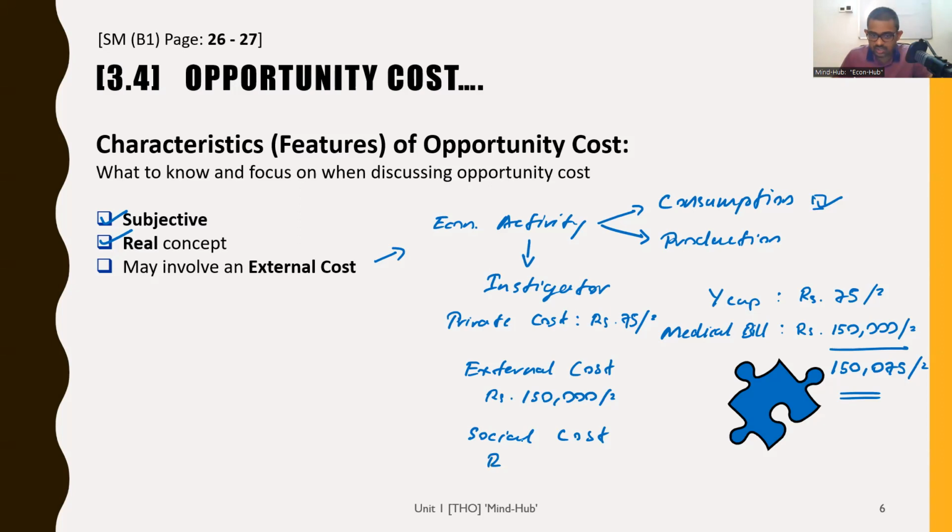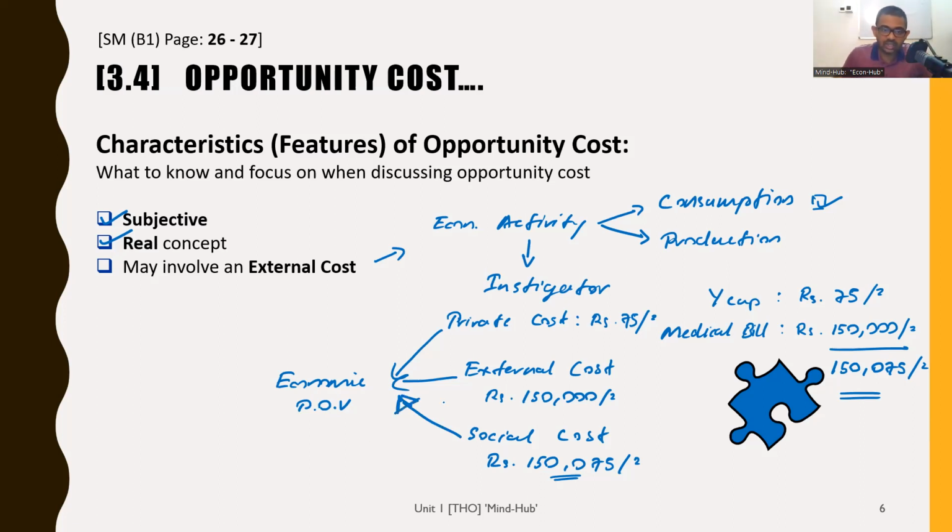So the social cost is a massive 150,075 rupees. But in economics, hopefully you guys are clear, since we have to consider not only the price, from an economic point of view, we have to think about the private cost, the external cost, and the social cost.